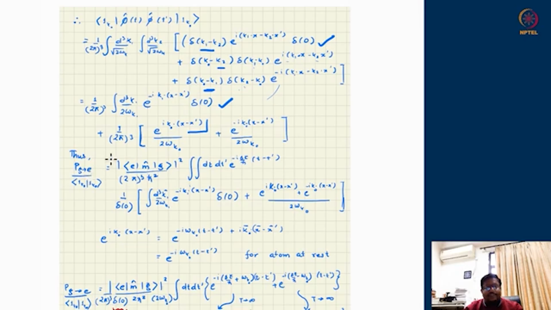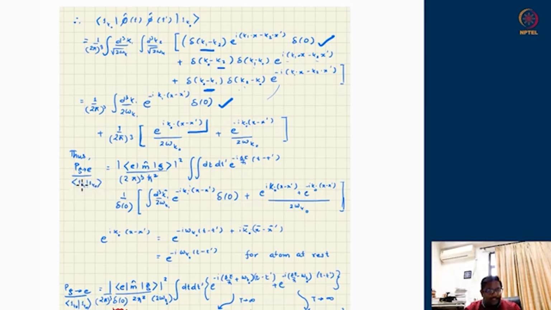Now, since I have taken the initial state to be 1k naught and not the ground state or the vacuum state of the field, that state 1k naught we know is not normalizable. That means it is not automatically normalized. 1k naught inner product is not 1. So it is a good idea to define things in terms of a normalized state. That means I divide the whole expression by the normalization of the state 1k naught.